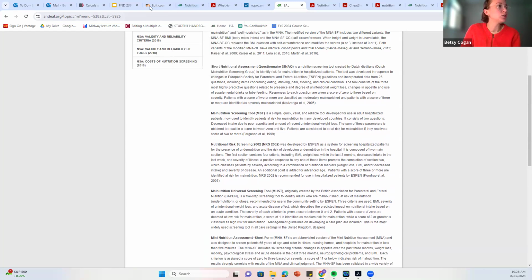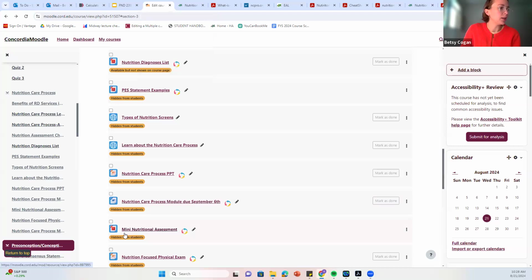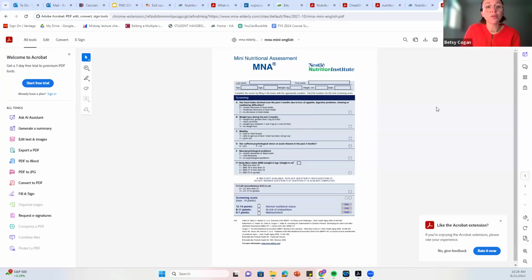In addition to this resource, I also have uploaded this Mini Nutritional Assessment. This has been deemed the most appropriate for adults over 65 for identifying malnutrition risk. So here is what the assessment looks like.